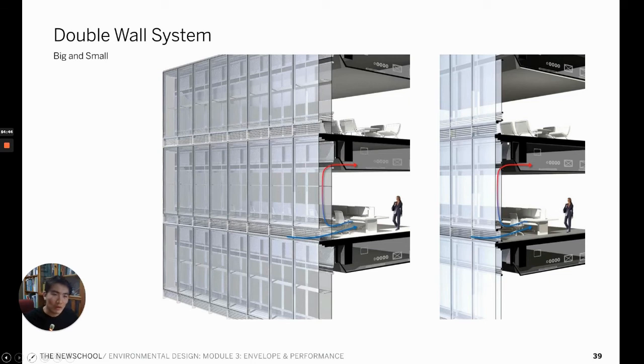It requires proper maneuvering based on the season, such as closing it off during the winter in order to trap the heat, and providing continuous ventilation to prevent the interstitial space from being overheated during the summer. And recently, a thin double wall system is also widely being used due to advanced maintenance technology.